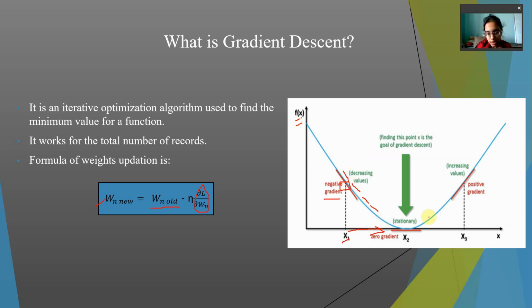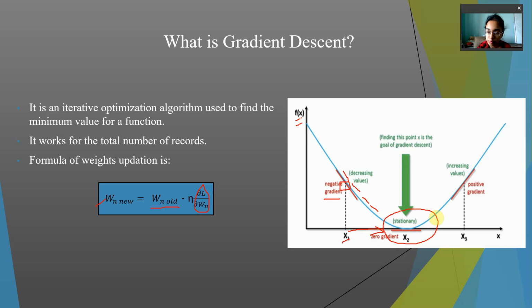The main objective of the gradient descent optimizer is to reach this point, that is the stationary point x2, which is our global minima. So if we add some term to the old weight, then the point will move towards this direction, and it will reach the global minima point after some epochs.